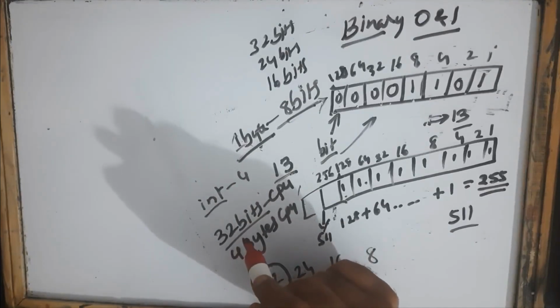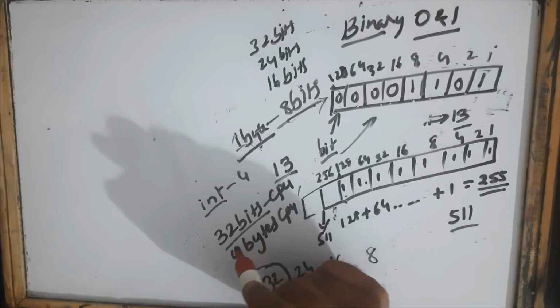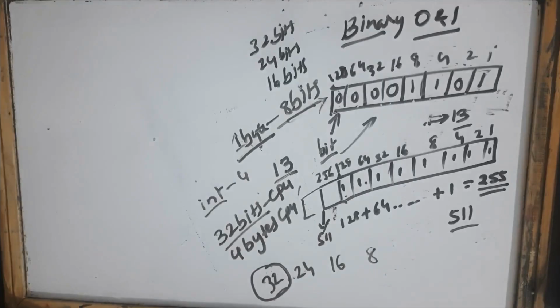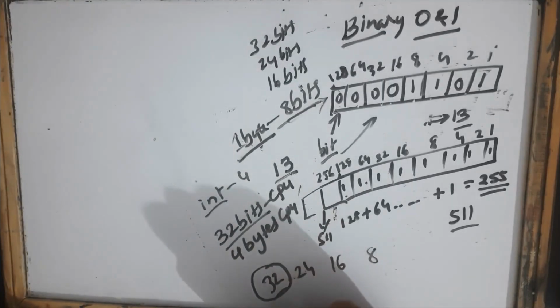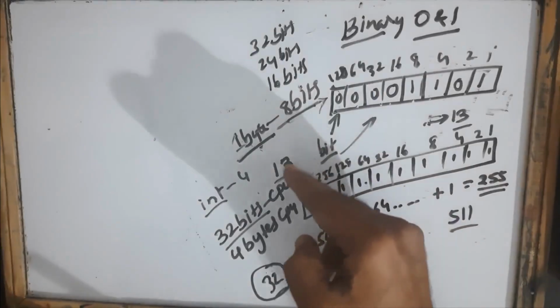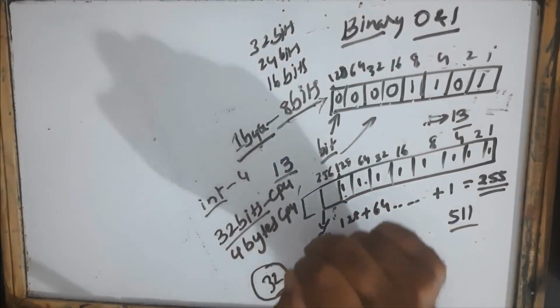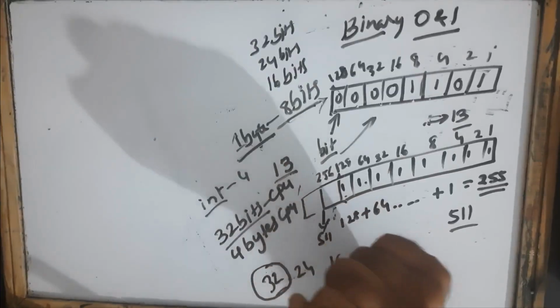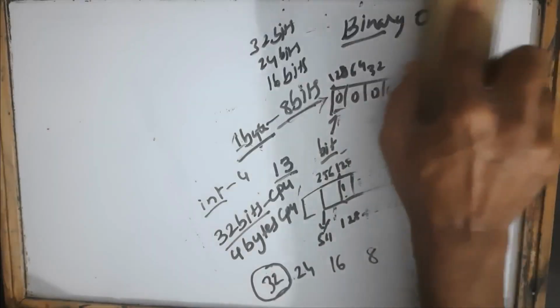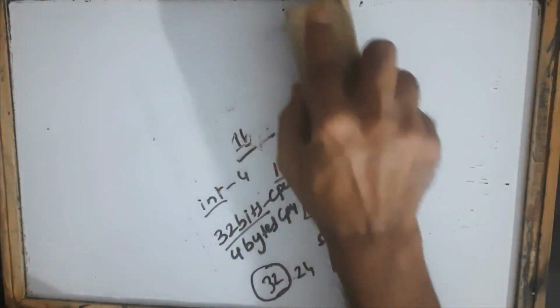The modern CPUs are 32 bits, so the 32 bit is very important. We'll understand step by step how we convert. Same way as we converted 13 into 1 byte of data, we can convert into 4 byte data and use it for our information, where the CPU will do all calculations based on these 4 bytes.